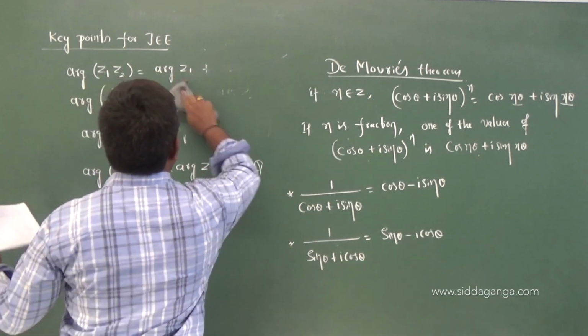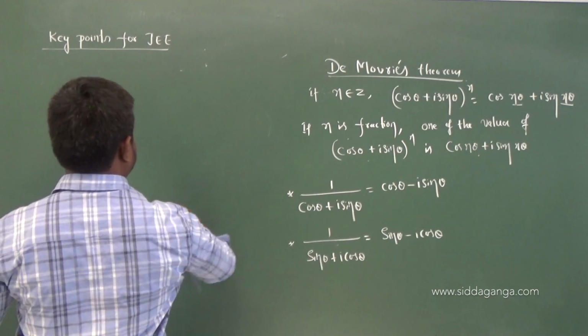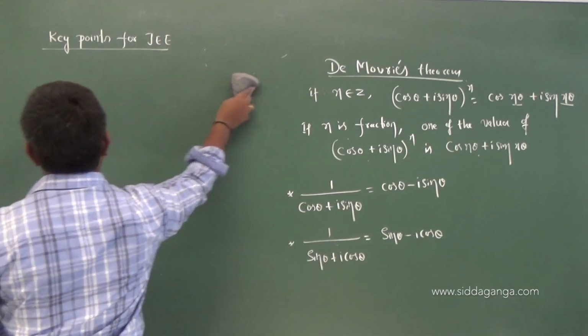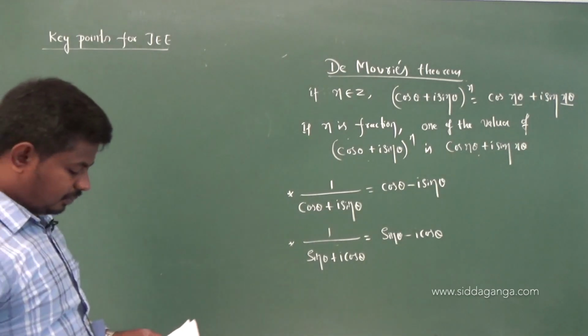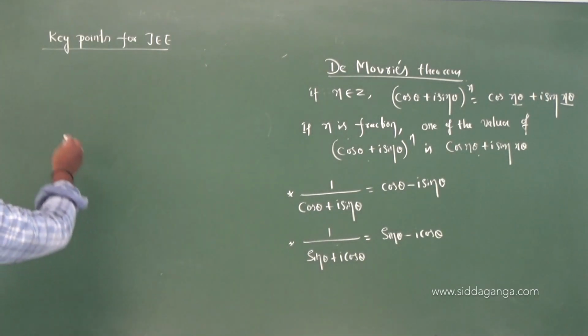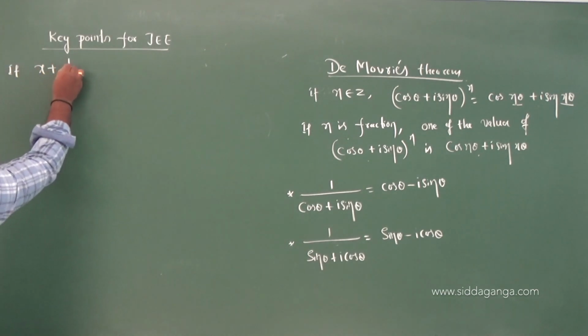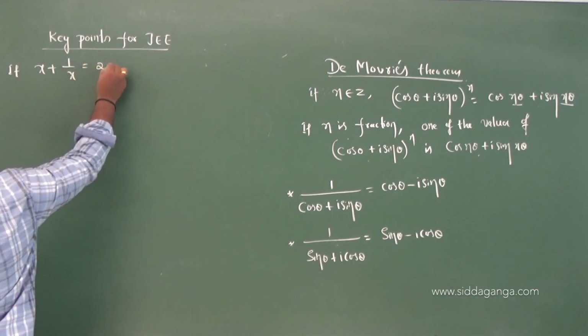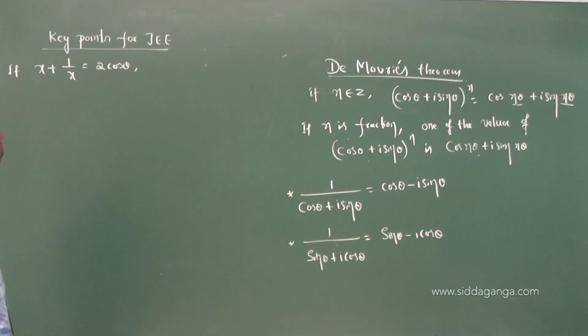Next. Next result is if x plus 1 by x is 2 cos theta. That's an important result we have. x plus 1 by x is 2 cos theta.